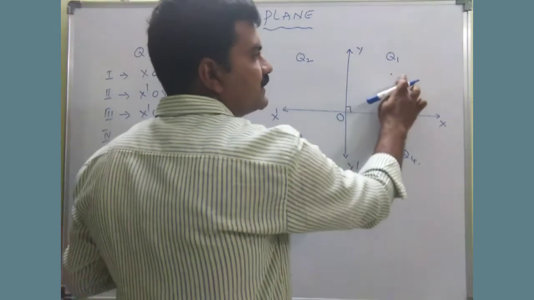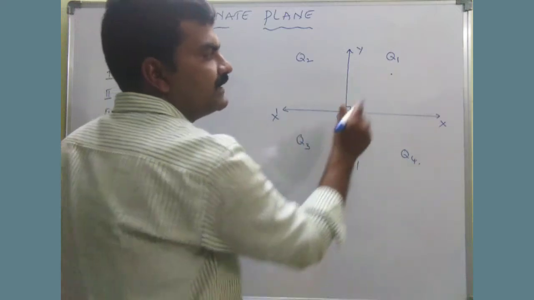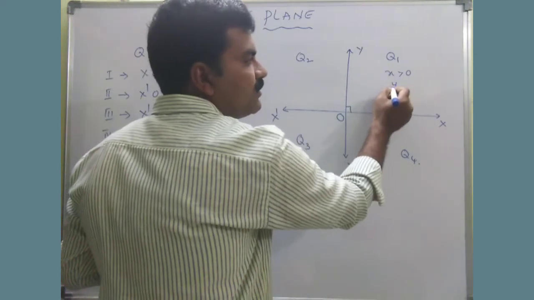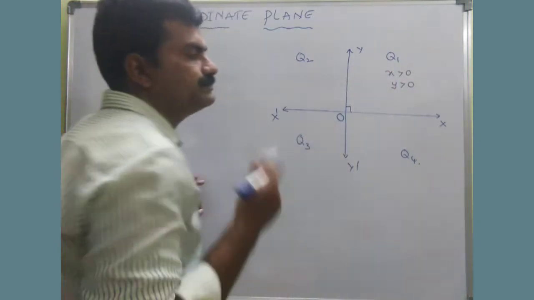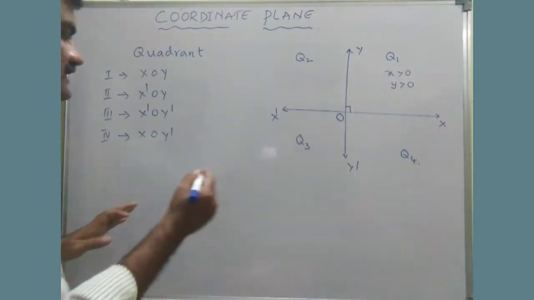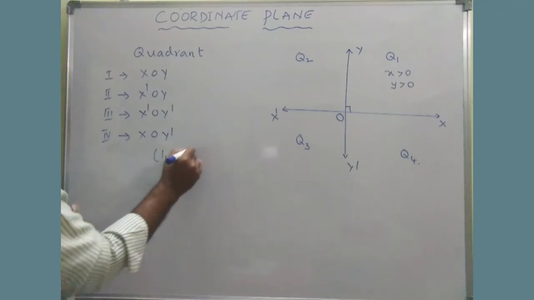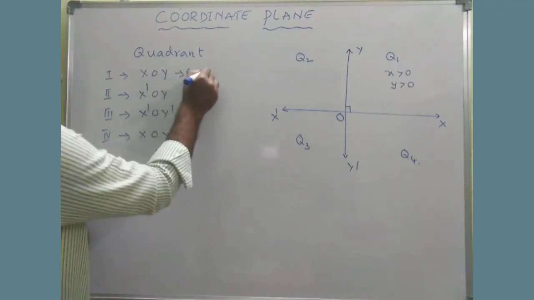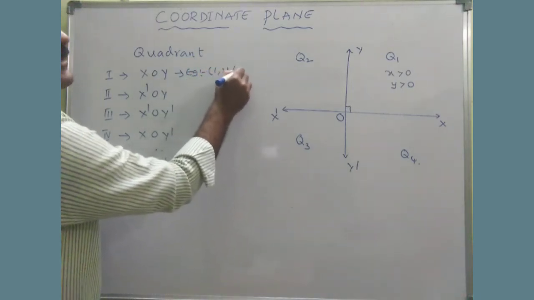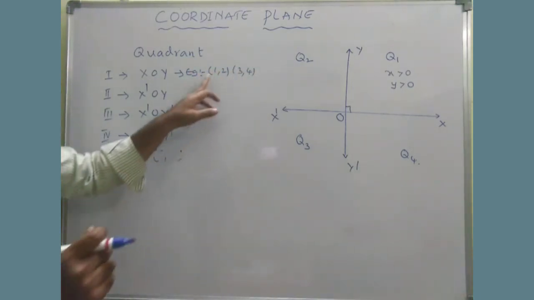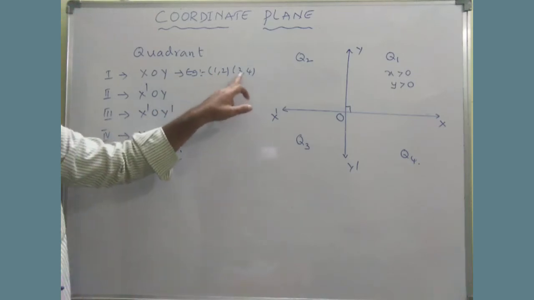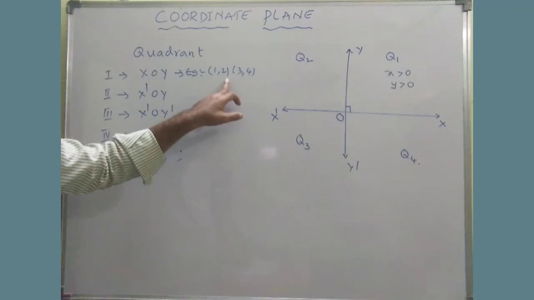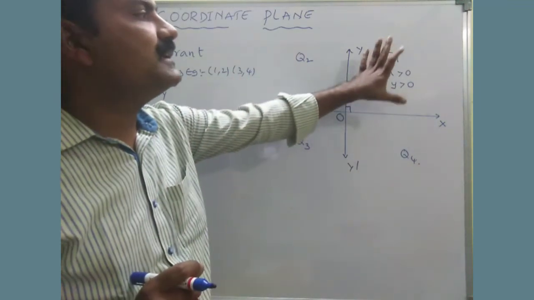That means if the point is in the first quadrant, its x coordinate must be positive, and its y coordinate also must be positive. Understood? For example, (1, 2), (3, 4), etc. X coordinate is positive, y coordinate is also positive. If x greater than 0 and y greater than 0, then we can say that the point is in the first quadrant.